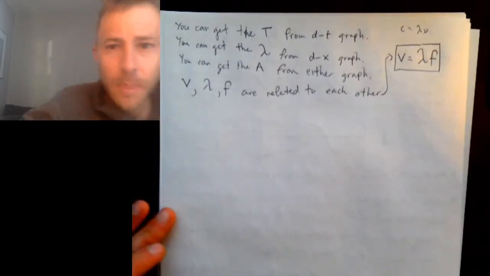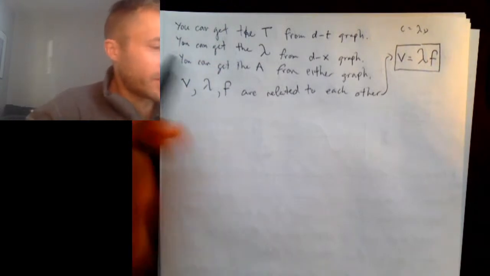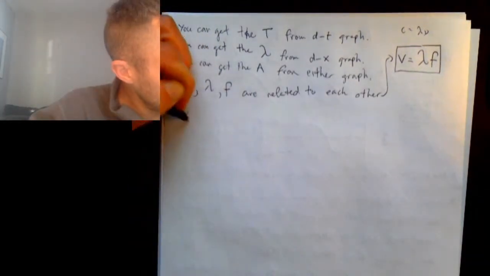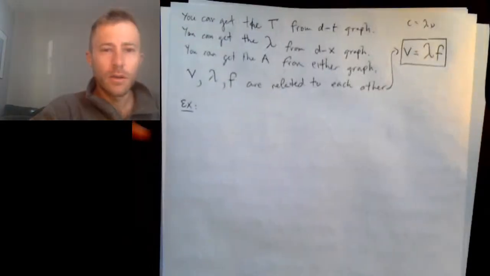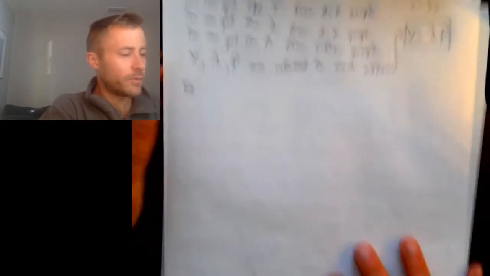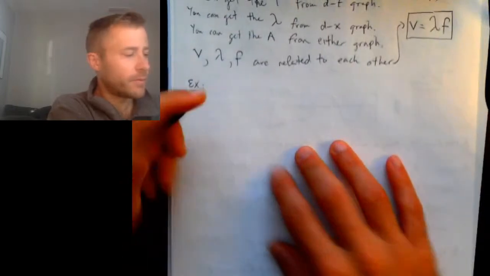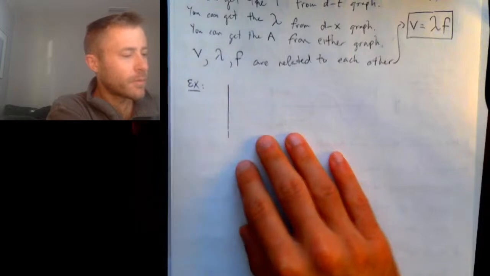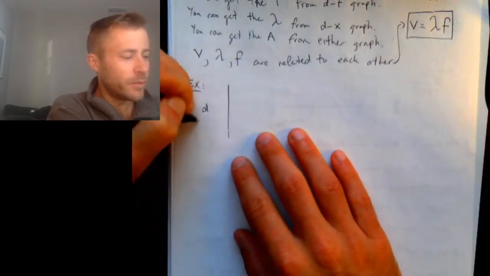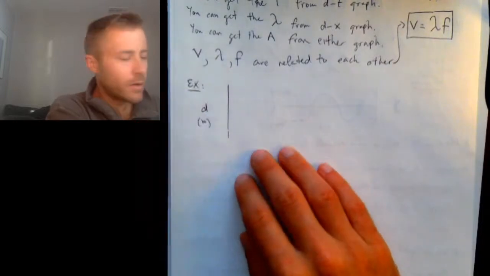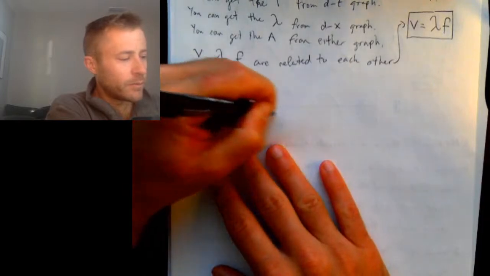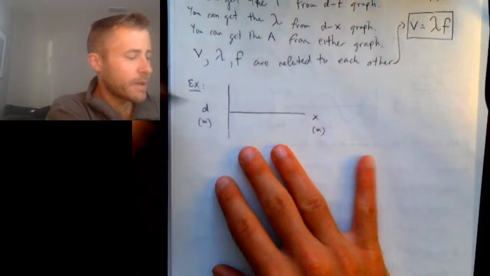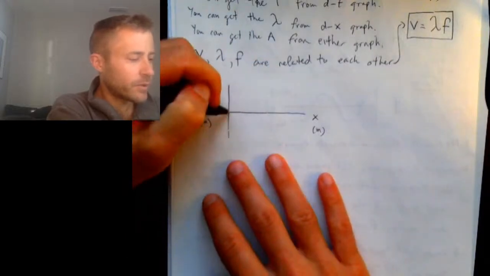So let's go ahead and do an example. I'm going to draw some waves. So I have displacement in meters versus position in meters, and this graph is going to look like this.